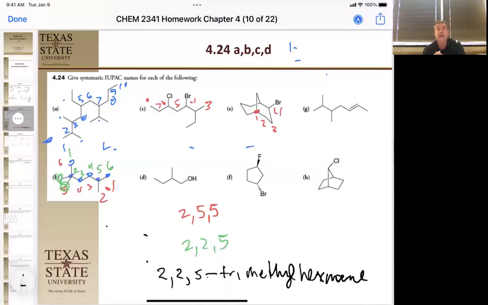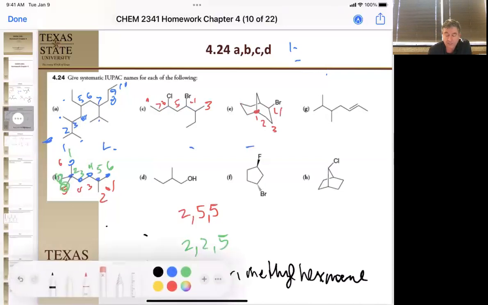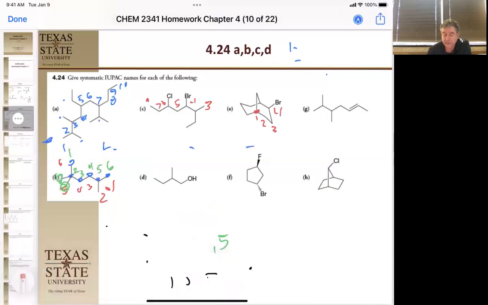All right, now let's do the last one, D. On the last one, we're going to try to find our longest chain, of course. Oh, look, we've changed functional groups though. We have to put OL at the end, and we have to have that functional group be on the longest chain. So we're going to do 1, 2, 3, 4, 5.